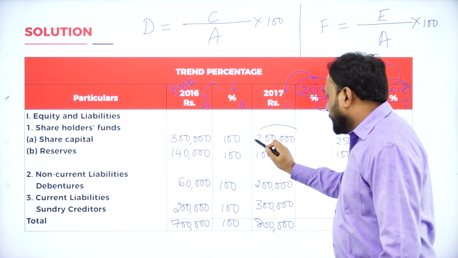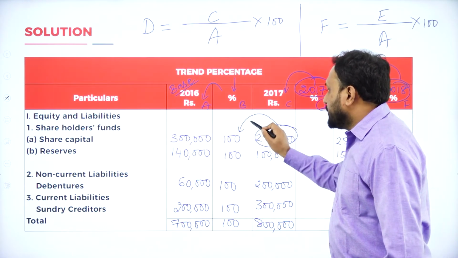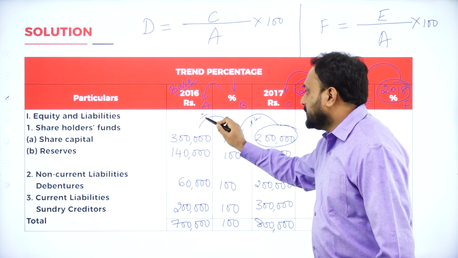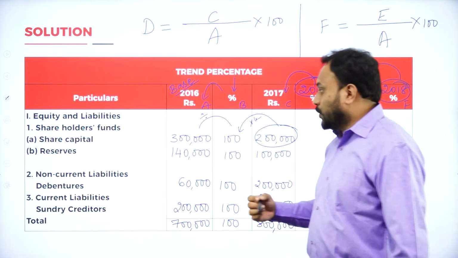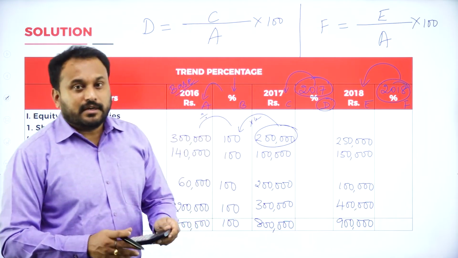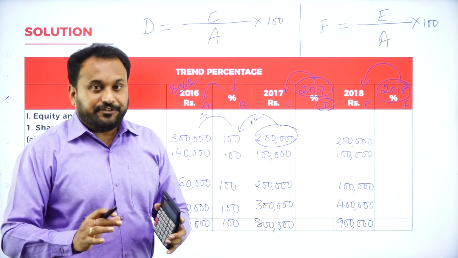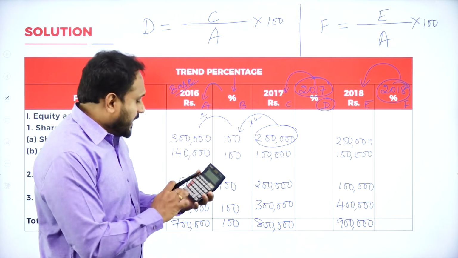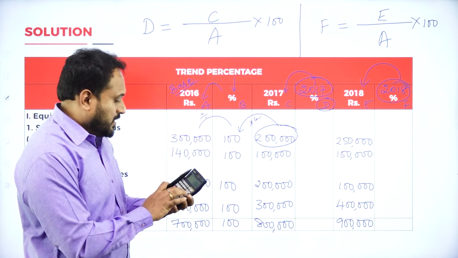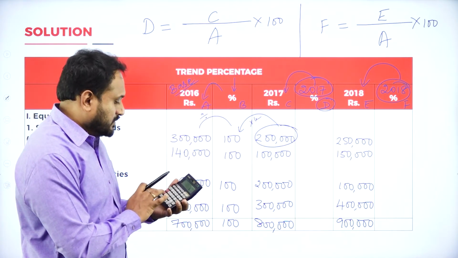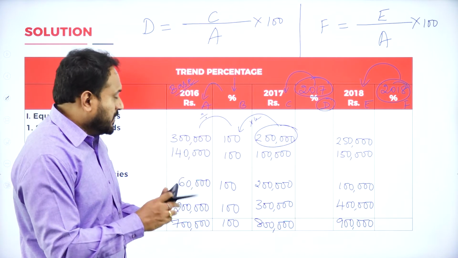2 lakh into 100 divided by 3 lakh. This is how you go with it. So we'll take the calculator. Please use the calculator which is not scientific. So the thing is here 2 lakh into 100 divided by 3 lakh. Done. Now understand.